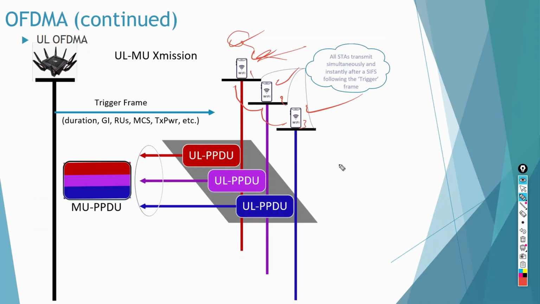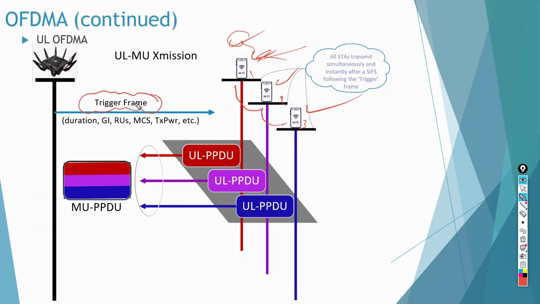But unfortunately, there is no predefined or new procedure for that. So OFDMA, or Wi-Fi 6, actually introduced a new specialized trigger frame.